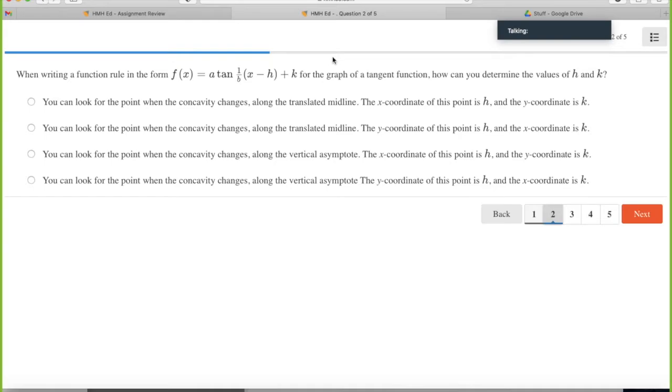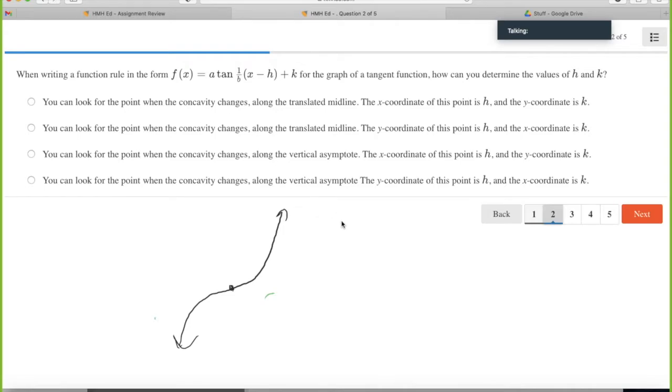So if we had something like this, we would find how that midpoint moves. If you start reading these, you can look at the point at which the concavity changes.